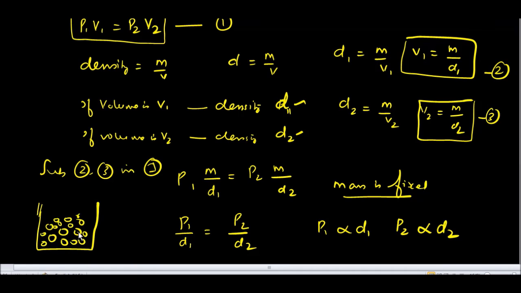Due to the greater density, the pressure of this gas is also greater. Greater the number of particles, the density increases. When there is an increase in density, pressure will also increase. This is the consequence of Boyle's law. Is it clear? And likewise, we have to talk about the other law called Charles' law.